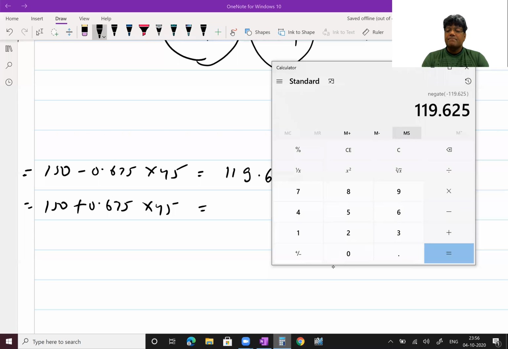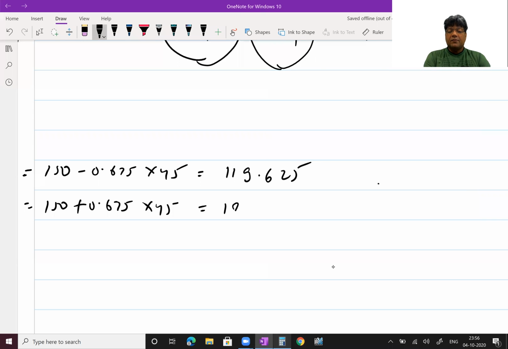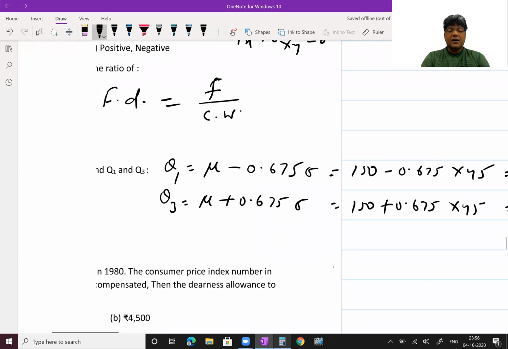Second is 150 plus 0.675 into 45, plus 150, is equal to 180.375. That is your answer.